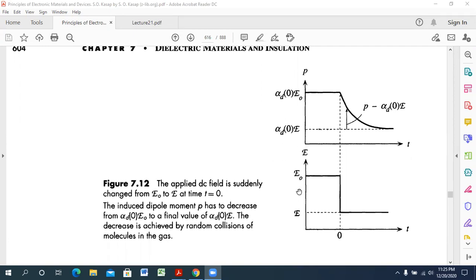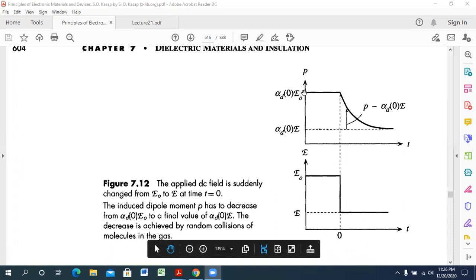If we apply a DC electric field starting from E naught, then for this particular time the polarization is fixed. That is known as alpha d at zero, for DC conditions E naught. If we look carefully at this figure, up to time 0 it equals 0.